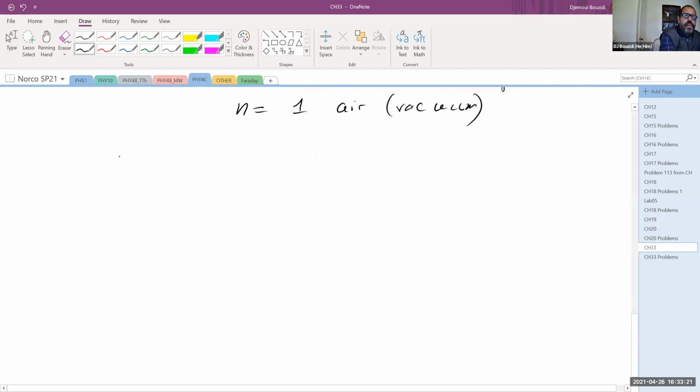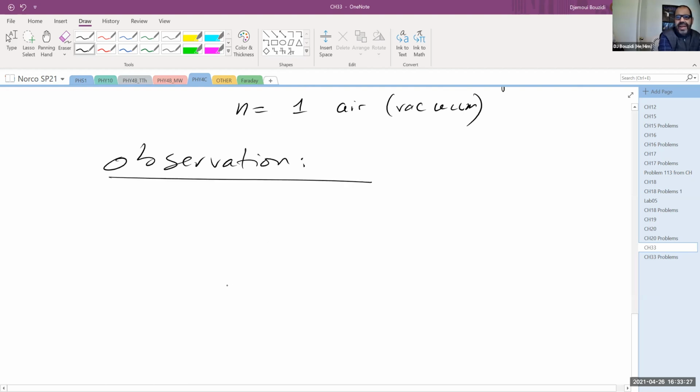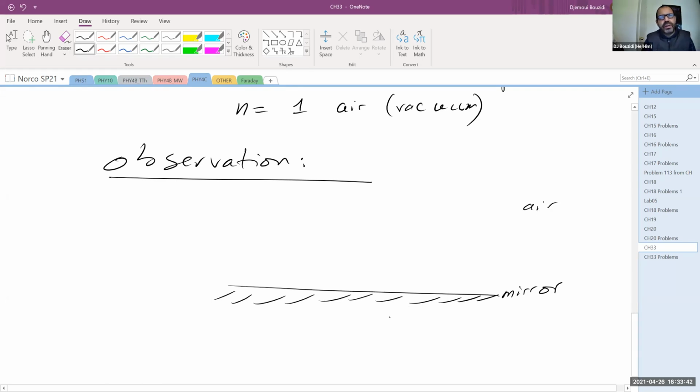Experimentally, by observation, it was shown that if I have a material in here, let's say, for example, a mirror, that separates two regions of space, one of them is the air and the other one is basically a completely reflecting material like, for example, silver, a very shiny, smooth surface, okay?